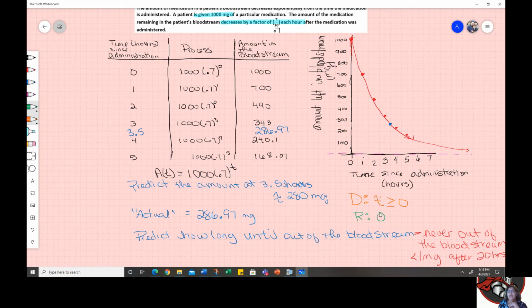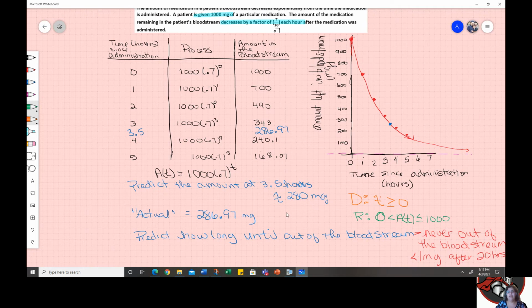So we're going to say that 0 is less than our amount, but that amount is less than or equal to 1,000. We're not putting the or equal to on 0 because, again, it's never actually going to reach 0. It's just going to get super close.